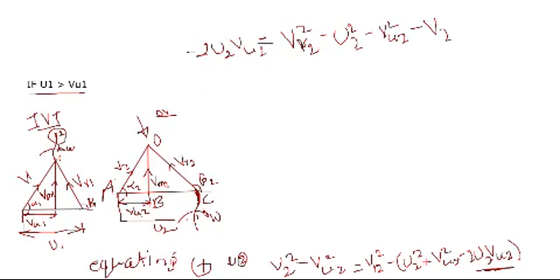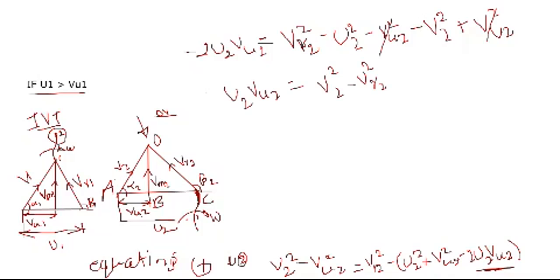Minus V2 square plus Vu2 square, these two will get cancelled. Here the minus sign is there, so you can write U2 Vu2 equal to V2 square minus Vr2 square plus U2 square, divided by 2.